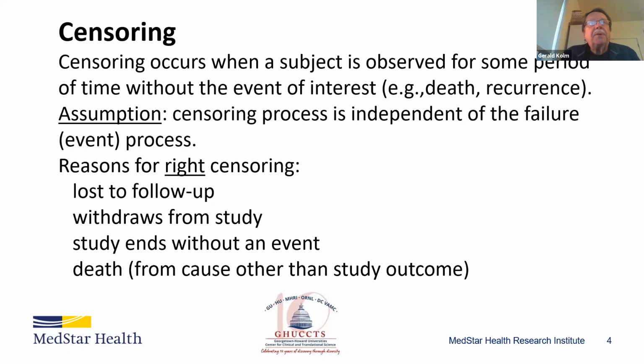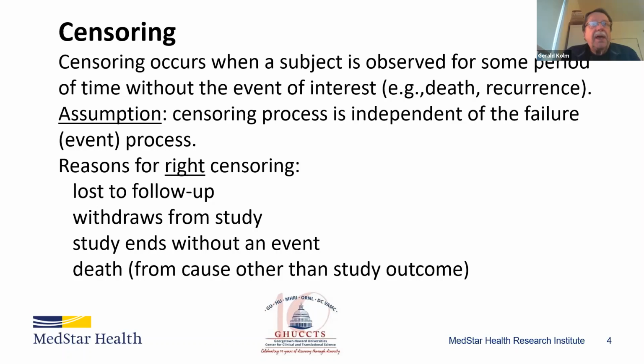And there are different types of censoring. The one that you will see most often in the literature is what's called right censoring. Right censoring can occur for a number of reasons. Patients could be lost to follow-up, or maybe they withdraw from the study, or the study comes to an end without a patient experiencing the event.